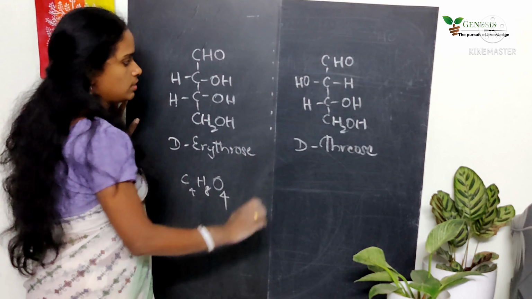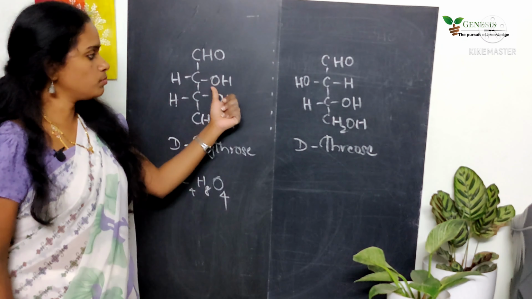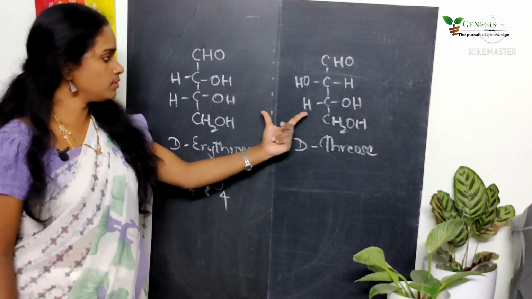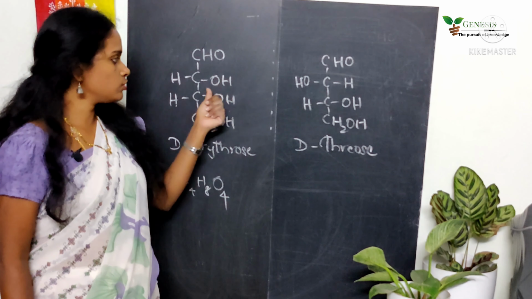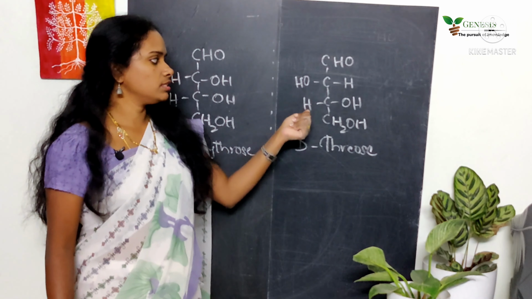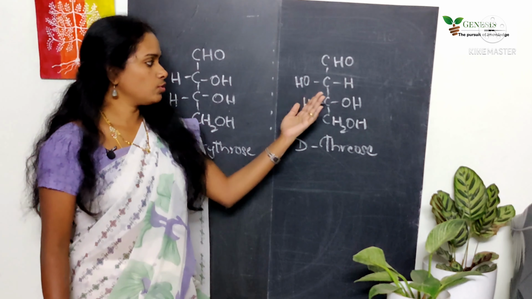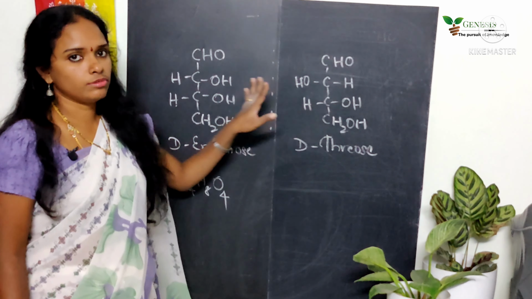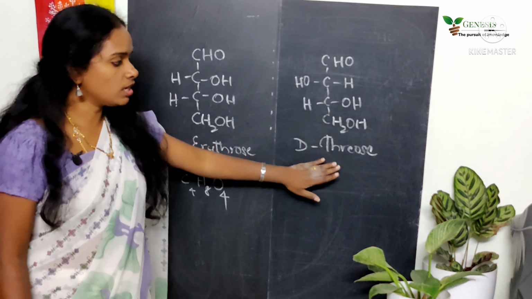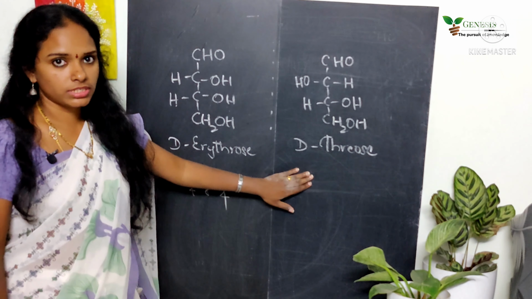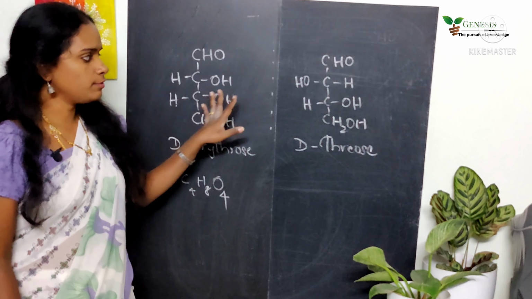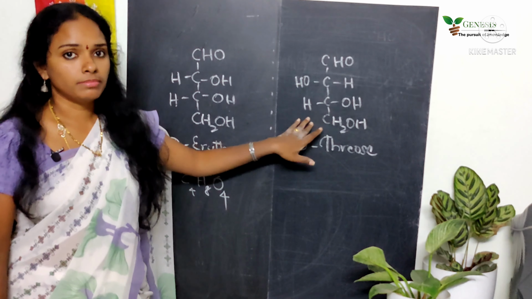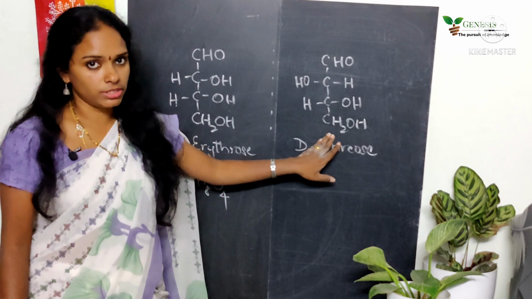If we draw the line here, do they superimpose on one another? No. At the third carbon, here it has OH on the right side, but here it has H on the left side. So we cannot superimpose them, so these two are not mirror images. Because they have the same structural formula, they differ in their configuration, but they are not mirror images.